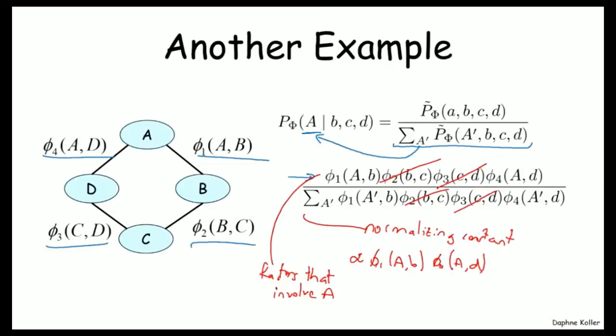So this is a factor over A that I can compute by multiplying two singleton factors, in this case over A, multiply them together and renormalize, and I get a distribution over A from which I can sample. And we already talked about how to sample from a discrete distribution.